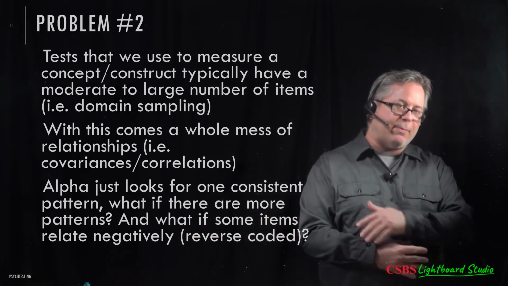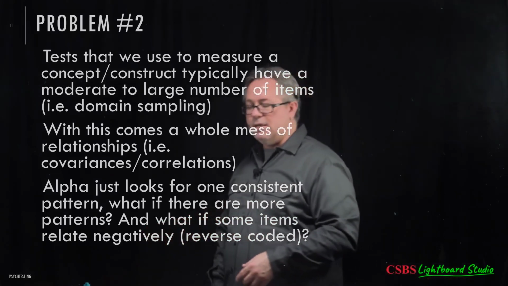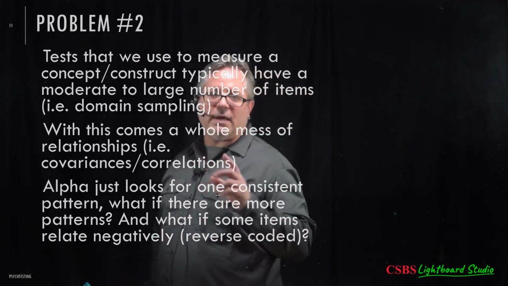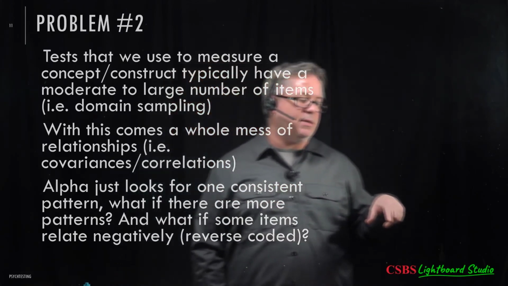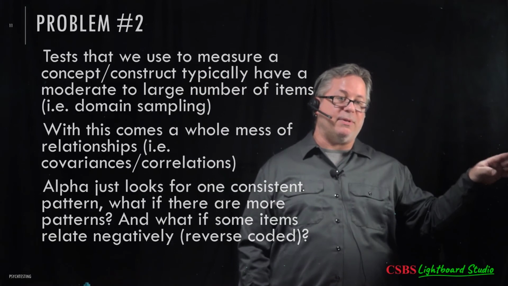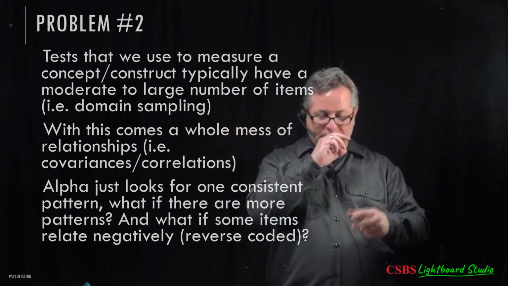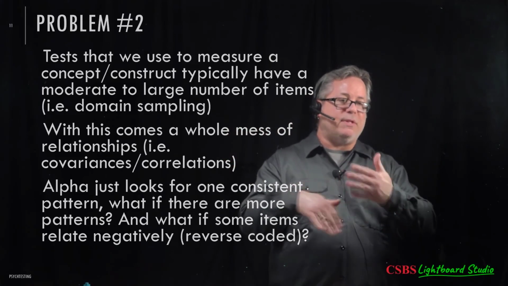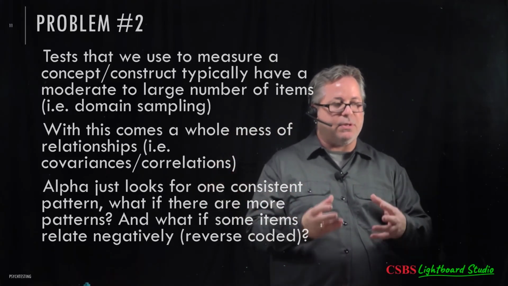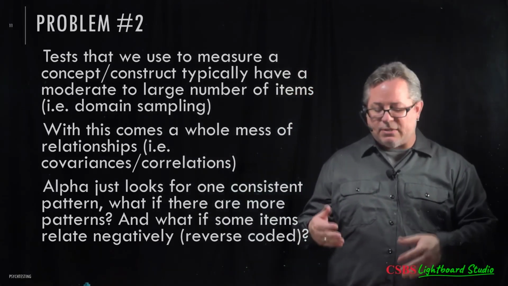You have to flip them around before you can do a Cronbach's alpha, or else it'll totally tank. Because if you're adding up a bunch of positive covariances and a bunch of negative covariances, they add up to zero. It's going to dramatically reduce the covariances. So you have to put everything in the same direction so that when you add up the variances and covariances for the total, you're actually getting a consistent measure of that.